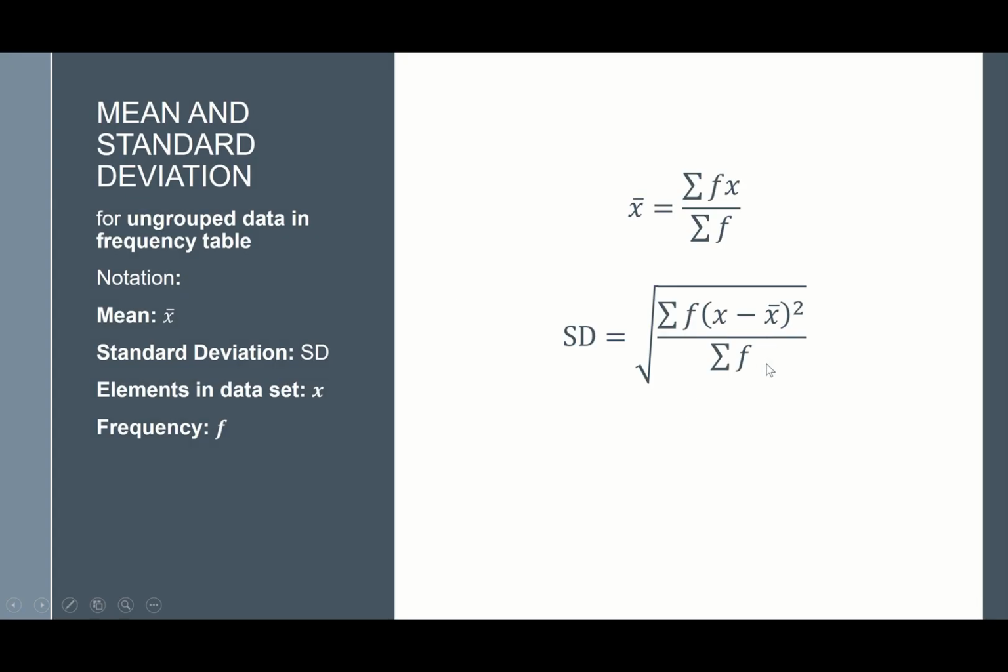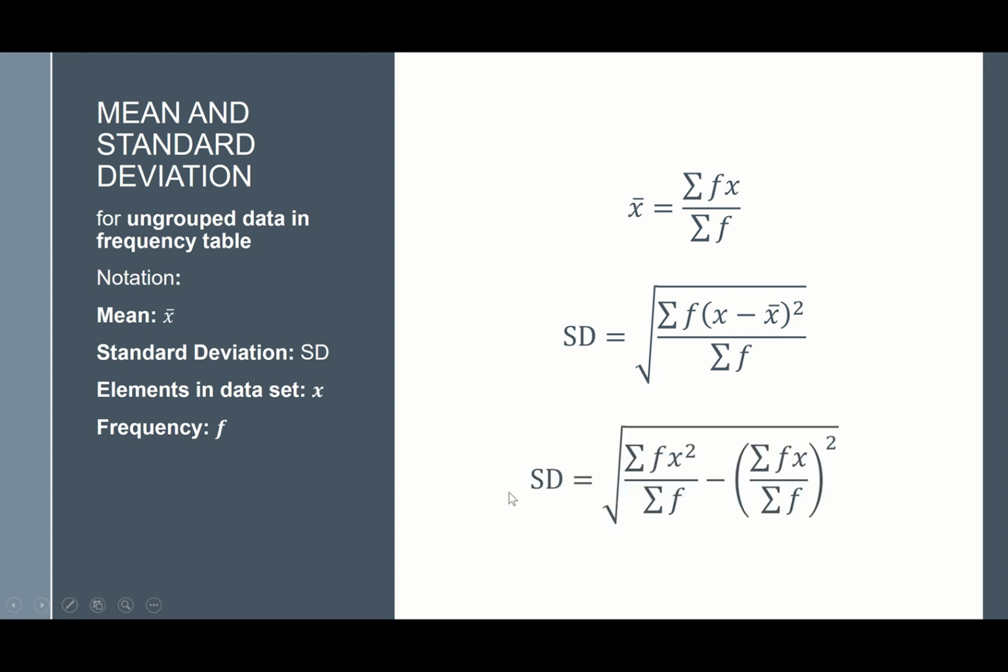And of course we can also extend the formula to the one that is actually going to appear in your formula sheet itself, which is this. So instead of having just x squared, we will multiply each x by f, and we will get this.